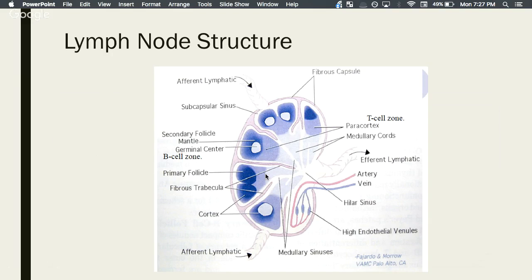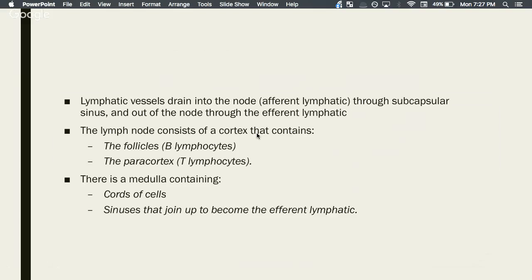So basically your lymph goes through all of those regions. This is just restating what we've talked about: afferent through the lymph node, efferent out the other way.